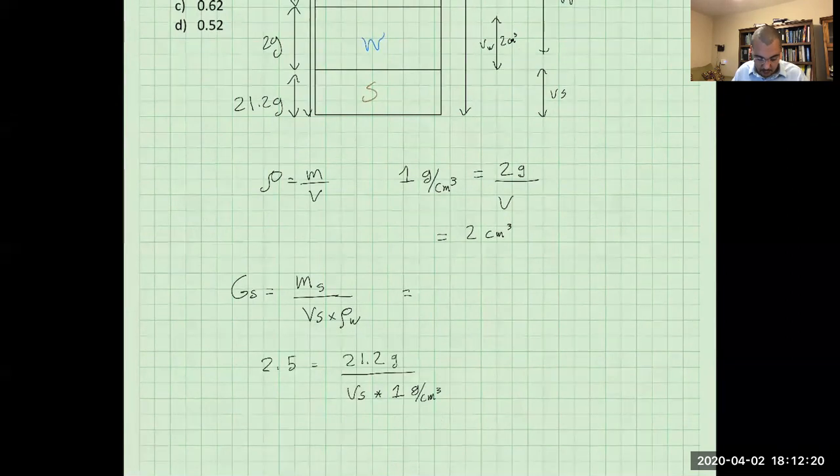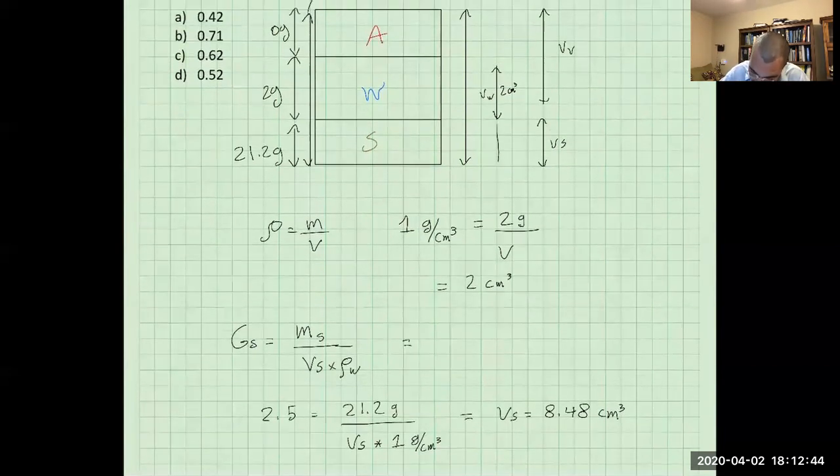I'd encourage you to use your calculator while I'm using it. That way you can do some practice. So this will give us a volume of solids of 8.48 centimeters cubed.